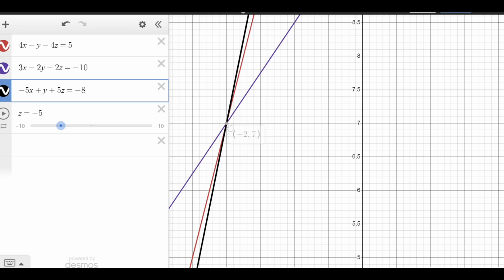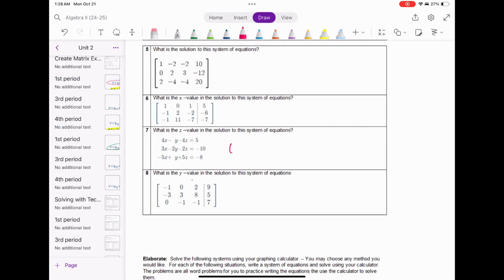So that is our solution. When you take the test, you will have Desmos, and Desmos is able to do this. So if you don't have a TI calculator, make sure that you're working the rest of the problems via graphing so that you get used to this method.